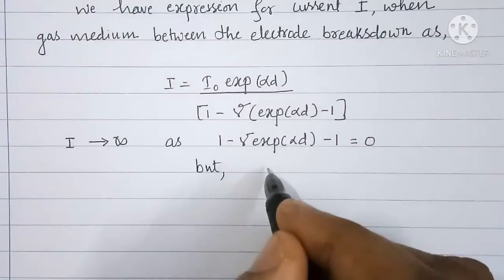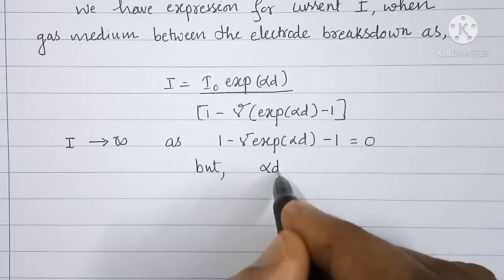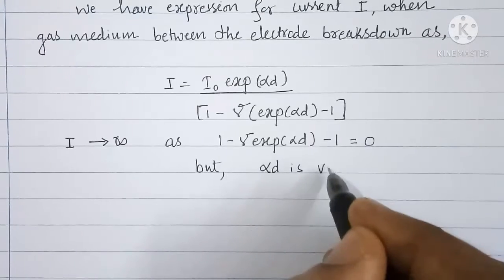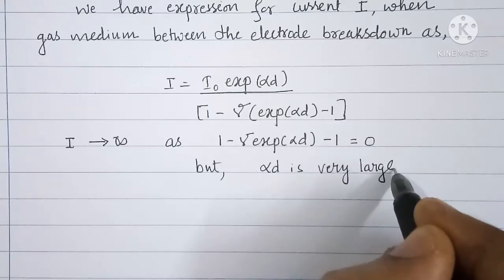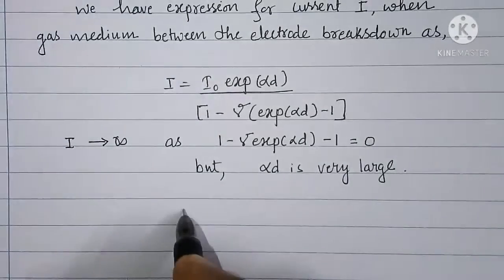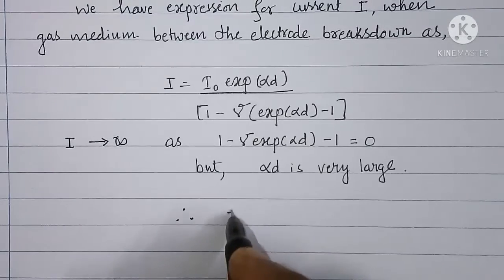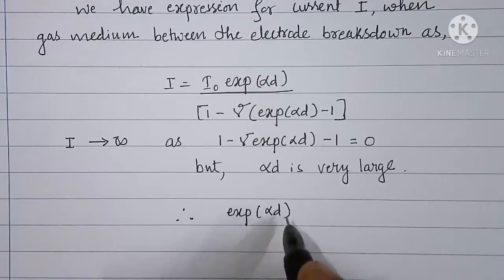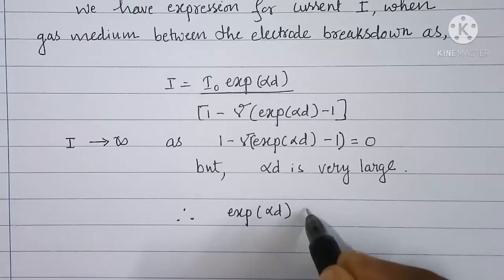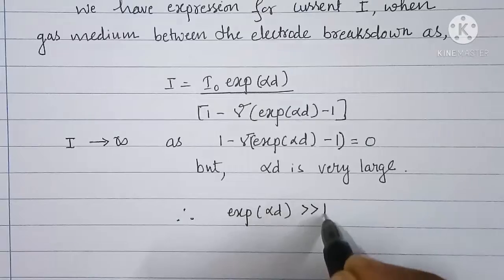But alpha d is very large, therefore exponent of alpha d is much greater than 1.